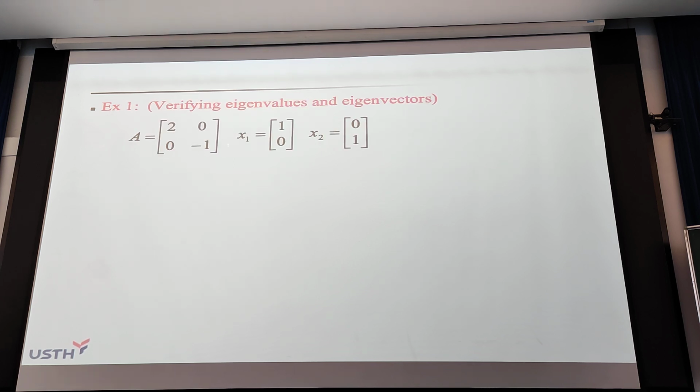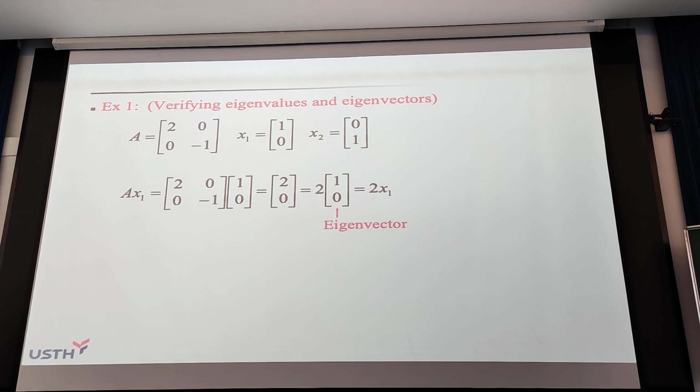A is a square matrix like that, and x1 and x2 are the two unit vectors on the horizontal axis and vertical axis. Then we have A x1 to be that, and you see that x1 is an eigenvector and the number 2 is the eigenvalue.